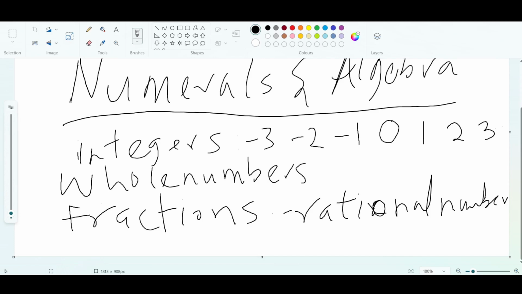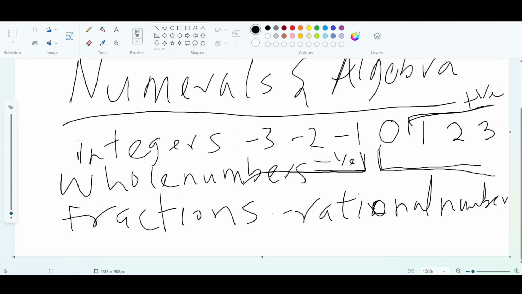Then there is another type of integer called non-negative integers. They are the ones like this. These are negative. This is non-negative. The positive starts from 1. Negative starts from -1. The non-negative starts from 0.